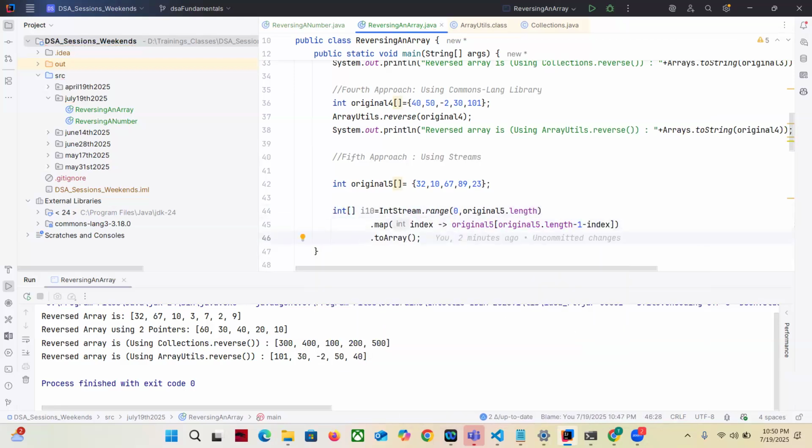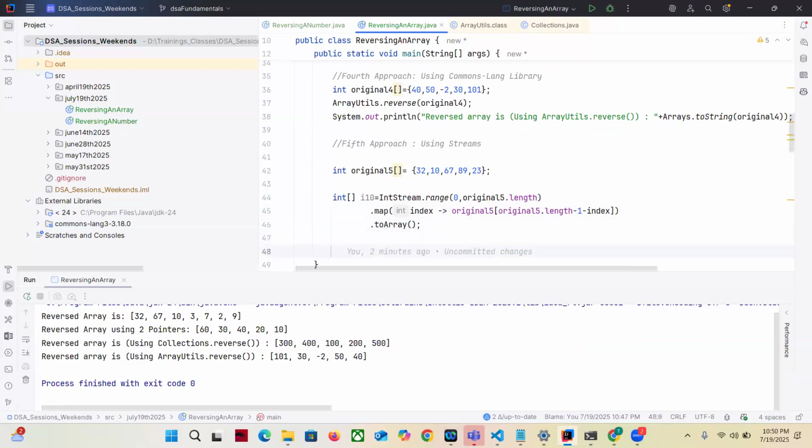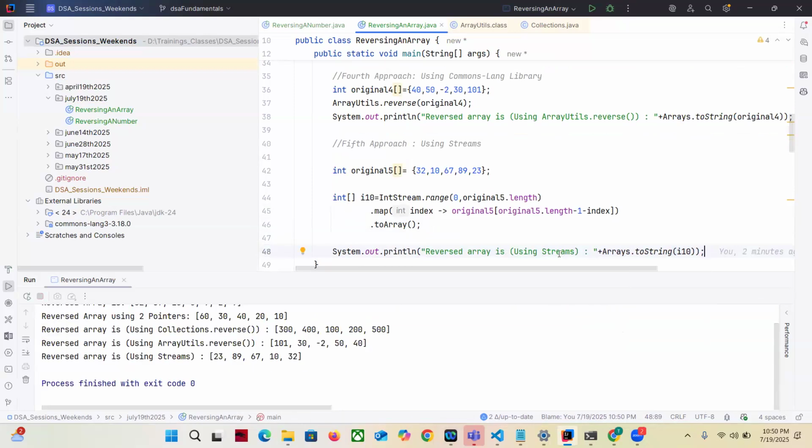Great. So what we are doing here? Using streams. This is a declarative way.